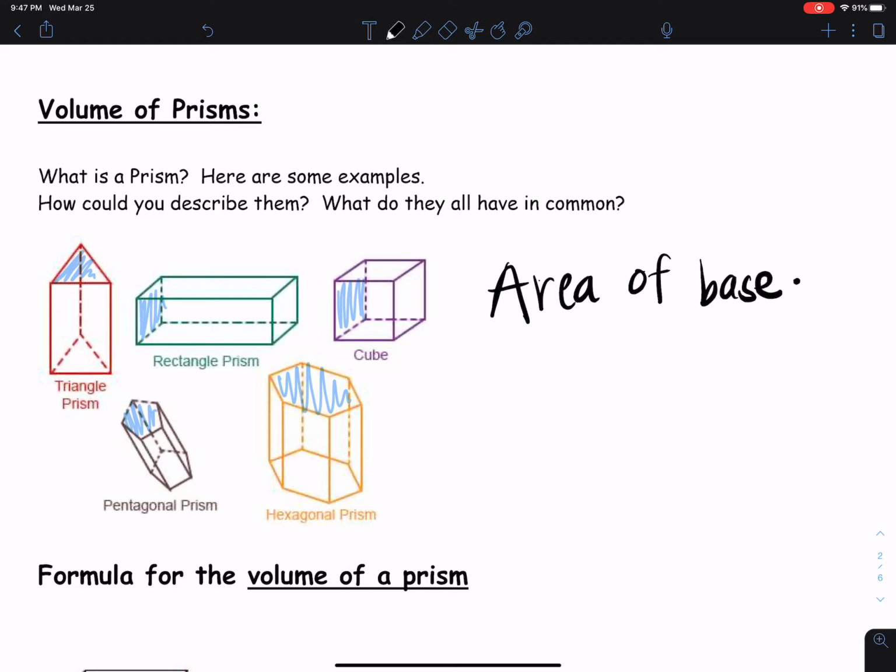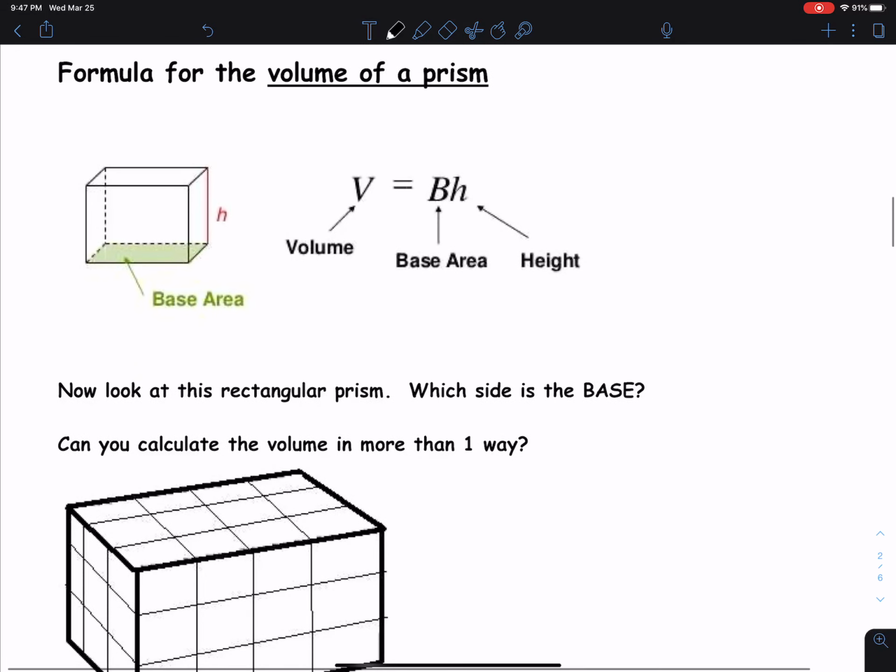So the area of the base times the height would give us the volume. Because it's like we're taking a shape, like a square, and we're just extending it like this. And then we have the same shape on the other side, like this. So this would be the base, and then we want to multiply that by the height. And that's exactly what this formula says.